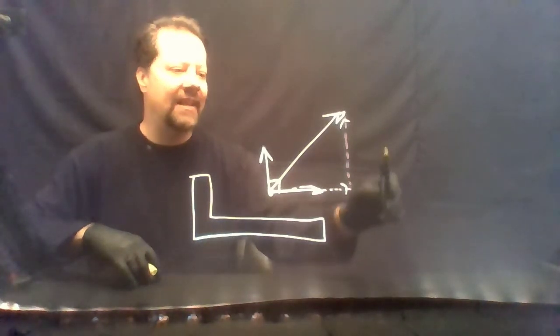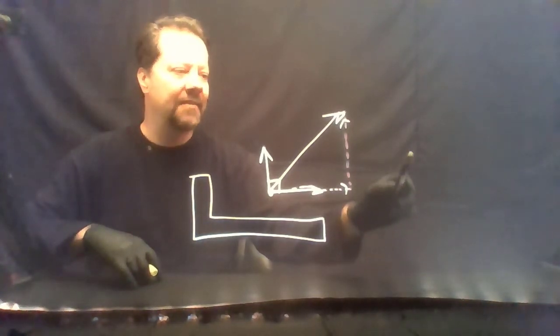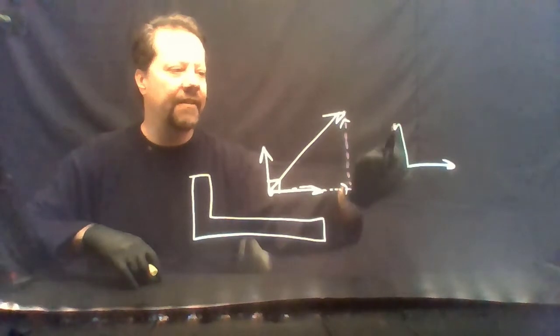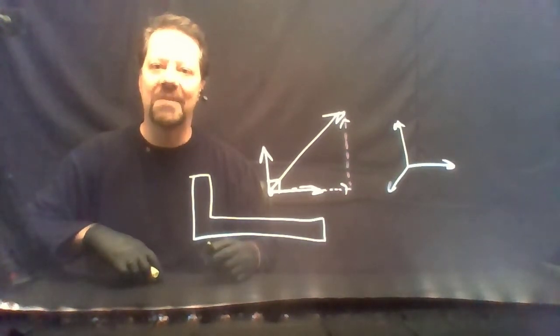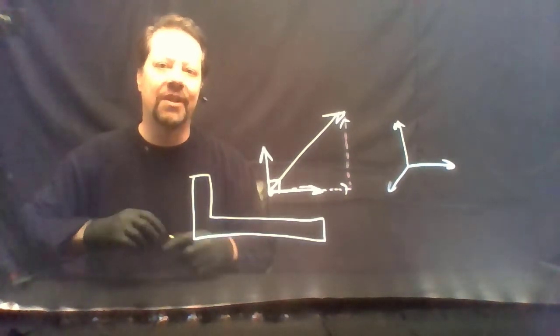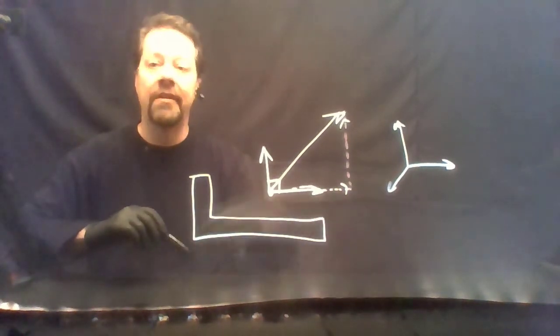In R3, it takes one more vector to do that. You need a vector here, and another vector poking out in the other direction. Then any vector in space can be reconstructed using this so-called frame.